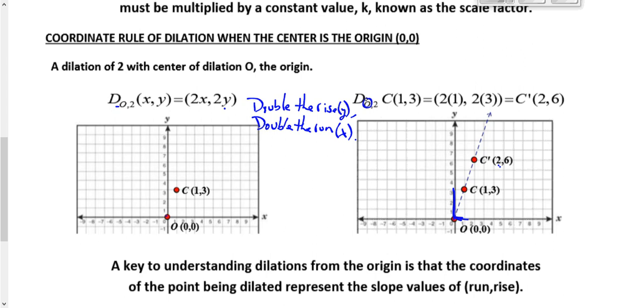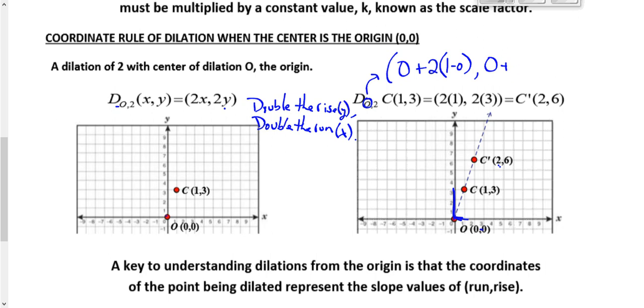So we would have 0, the starting x, plus we're doubling the original run, which was 1 minus 0, so doubling the 1. The y value here is 0, so that was originally 0 plus 3. Now it's 0 plus, what was the difference, 3 minus 0? Oh, 3, sorry, double that.